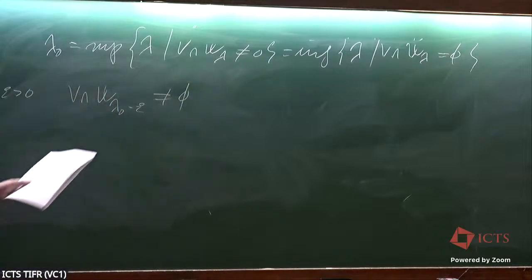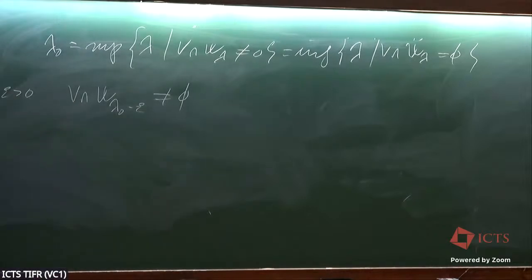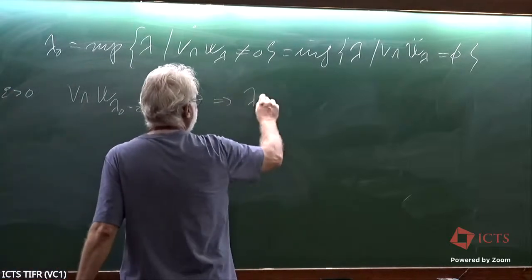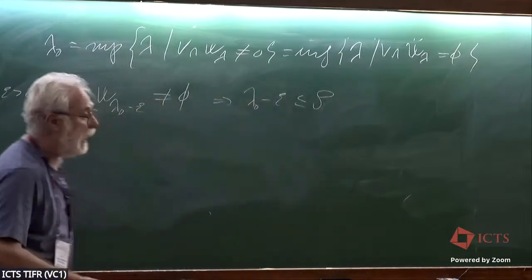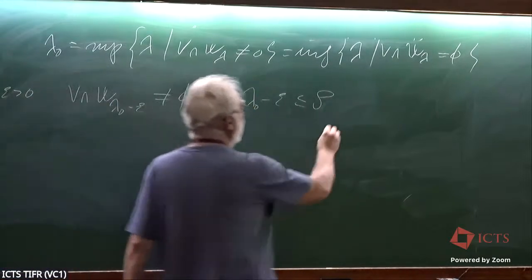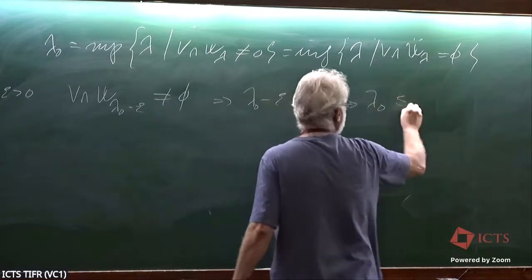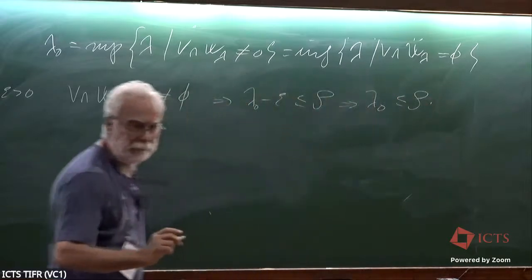But the fact that this is not empty tells me exactly that I have an element in the feasible set whose value is bigger or equal than lambda 0 minus epsilon. So this implies that lambda 0 minus epsilon is more or equal than the problem P. And since epsilon is arbitrary, this implies that lambda 0 has to be more or equal than P. Okay.